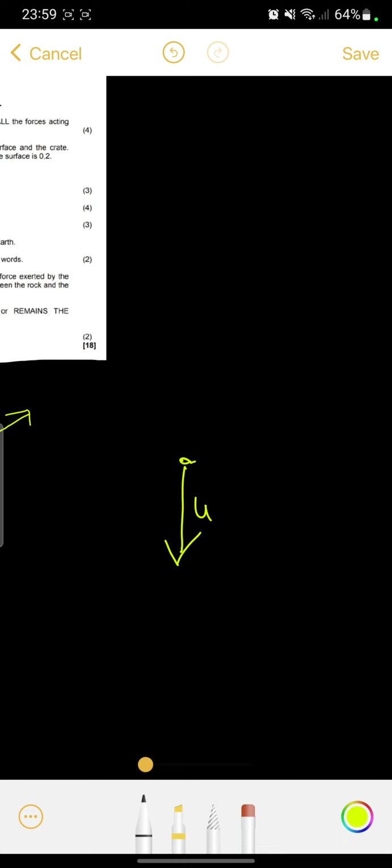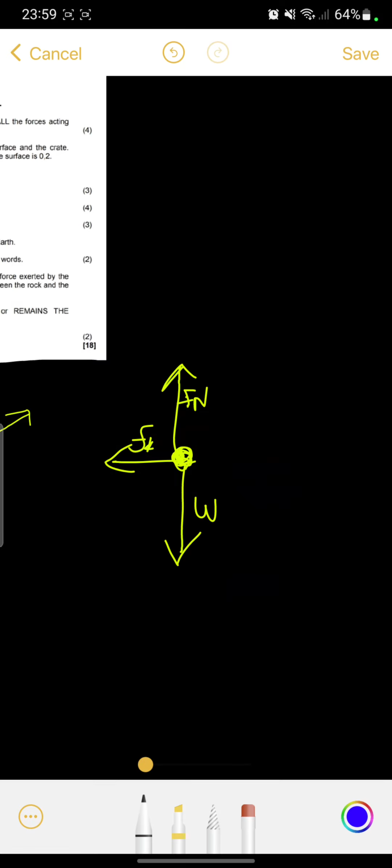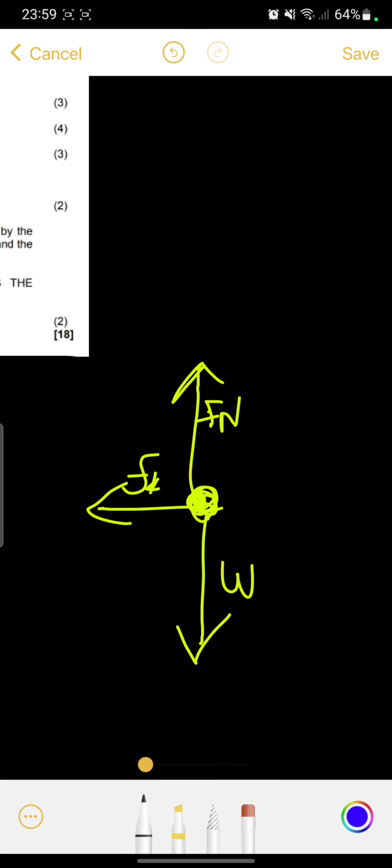We have our weight, our friction Fk, and our normal force Fn. Since there's a diagonal force, you can represent it in its two components, so we have a vertical component.